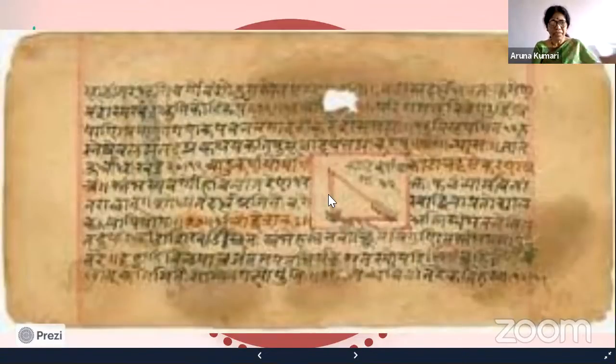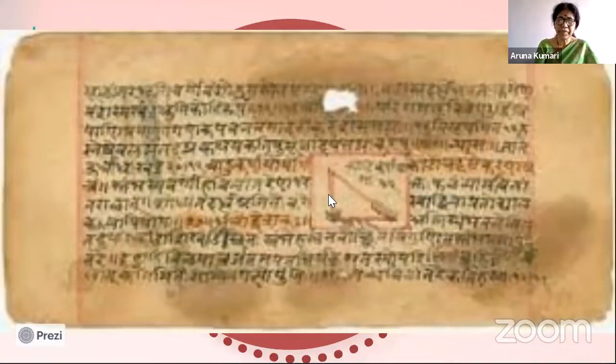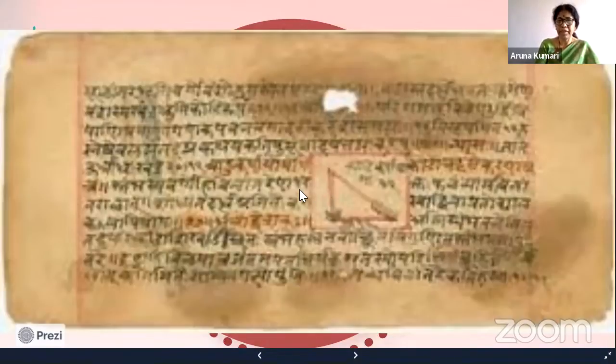So what does the Pythagoras theorem say? Actually, it was told by Baudhayana. It is nothing but this: the square of the hypotenuse is equal to the sum of the squares of the base and height.